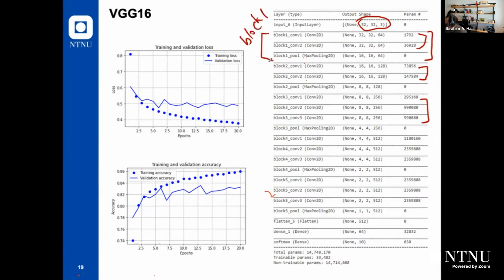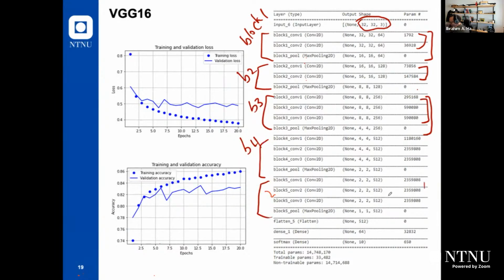So it's block 1. We have here block 2, which is two conv layers followed by a max pooling layer. After that, we will have three conv layers followed by pooling, which we call block number 3. We have block number 4 also, which is three conv layers followed by max pooling, and finally block number 5, which is three conv layers followed by max pooling, right?